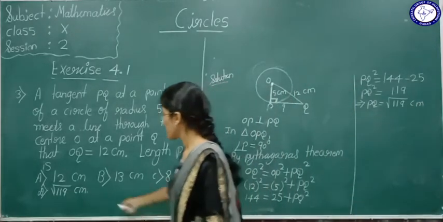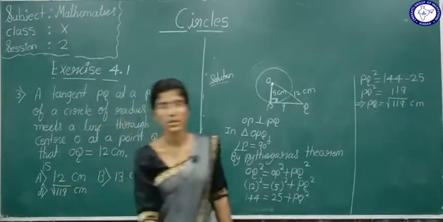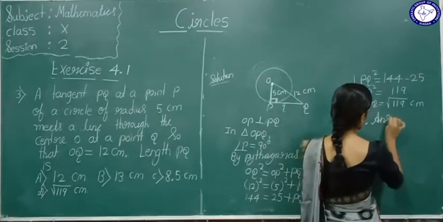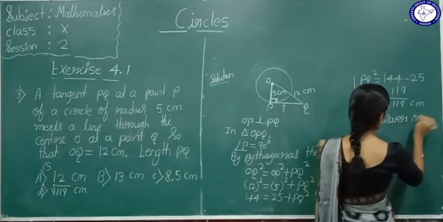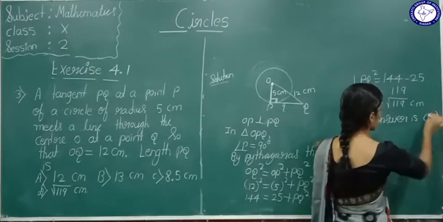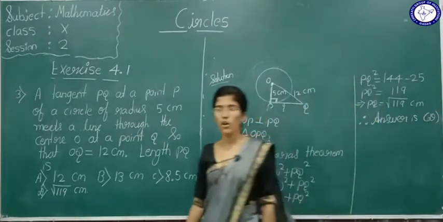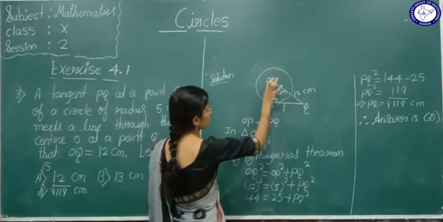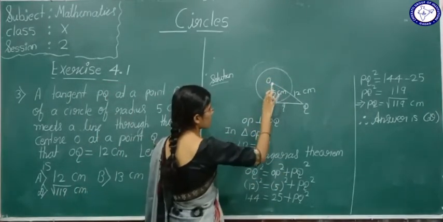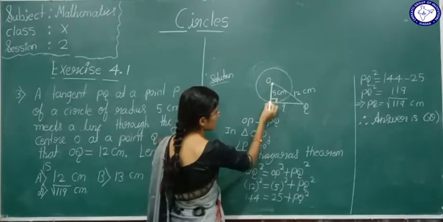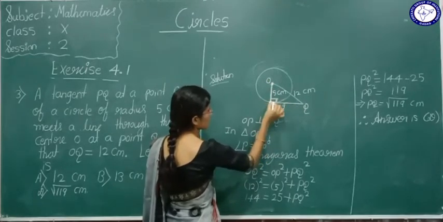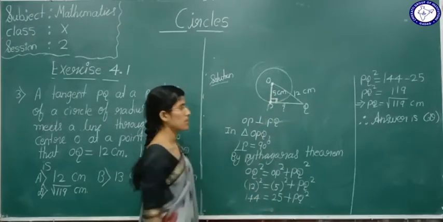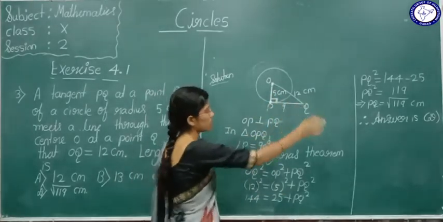Therefore, the correct option is D. What have we used here? We have just used a theorem. We know that a line drawn from the center of the circle to the tangent forms a 90 degree. From that we got the value of PQ.